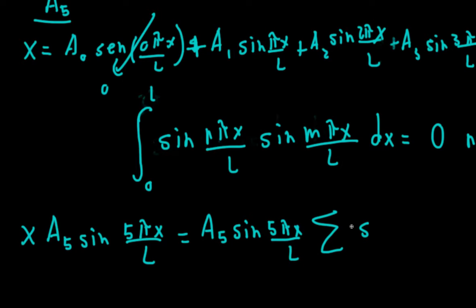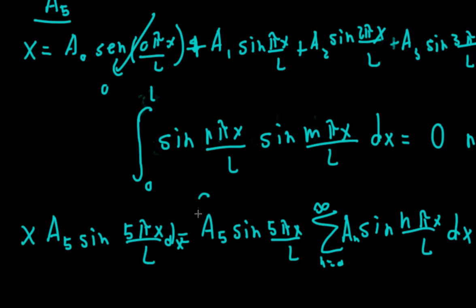Alright, and this is just the sum of a_n times the sine of n times pi times x over L, from n equals 0 to infinity. And then I'm also going to multiply both sides by dx because I want to integrate both sides.